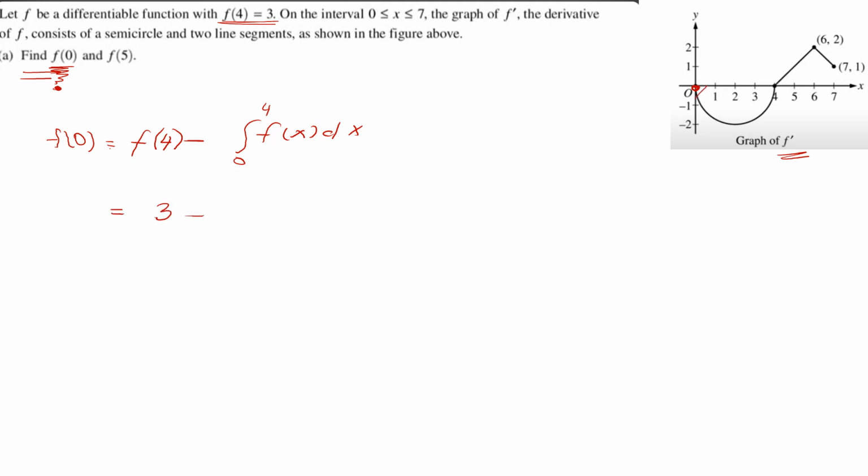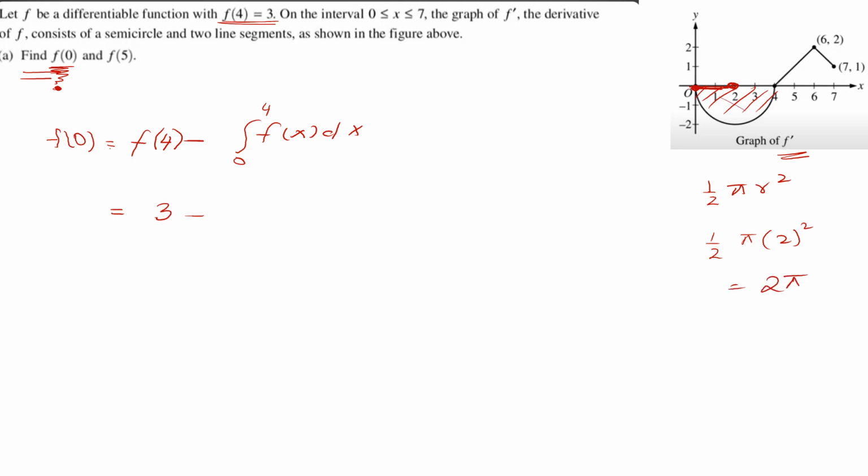Here, from 0 to 4 it is a semicircle. By using the geometrical formula, the area of this region is half pi r squared, where the radius of this graph is 2. So half pi times 2 squared gives 2 pi.